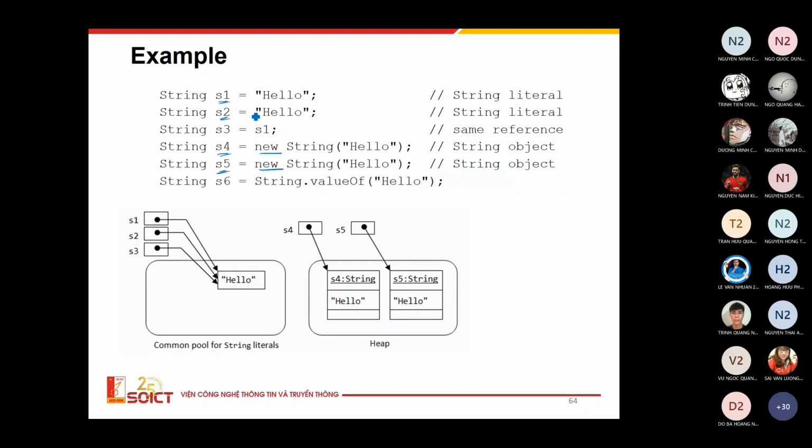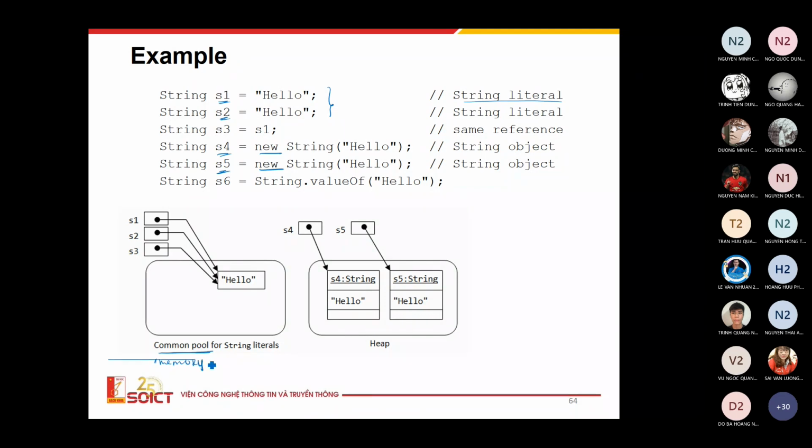So what is the difference between them? Firstly, we call this kind of initialization using a string literal. Every string literal is stored in a common pool. This is one kind of memory.